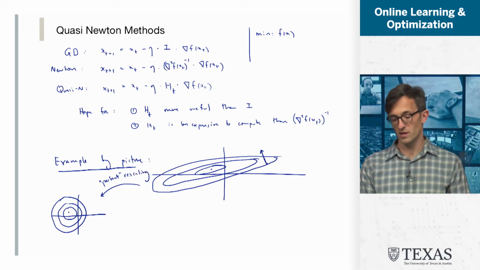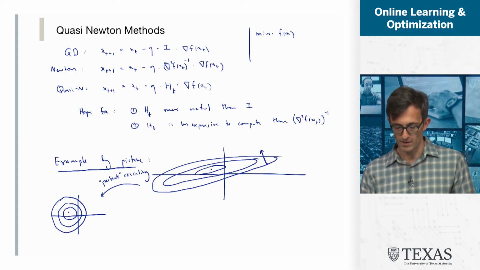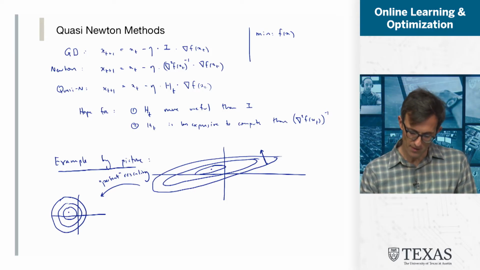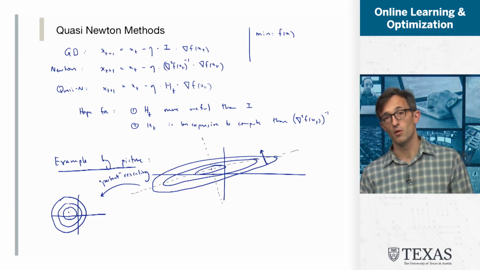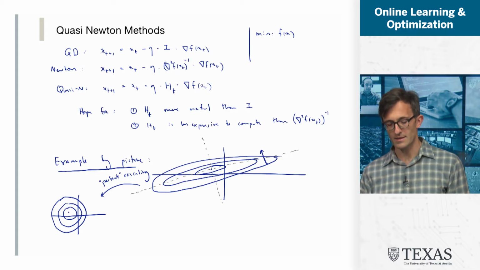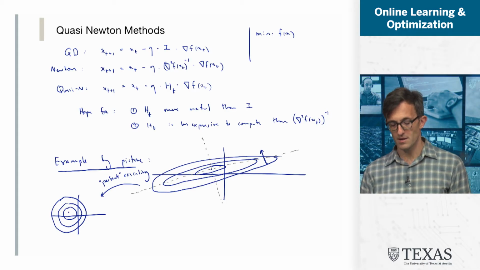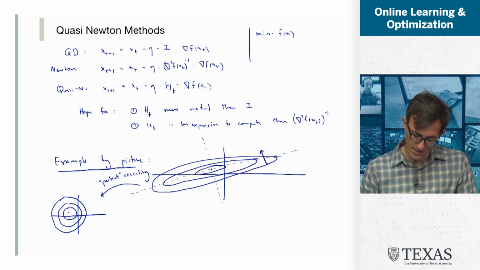Maybe instead we can rescale in a simpler way and capture some, if not all, of the benefit. So you'll notice here that I'm going to draw the main axes in dotted lines of the level sets. They're not actually that different from the coordinate axes. So if I were to only rescale the coordinate axes, then I wouldn't necessarily be able to get something that's perfectly spherical, but maybe I'd be able to get something close.